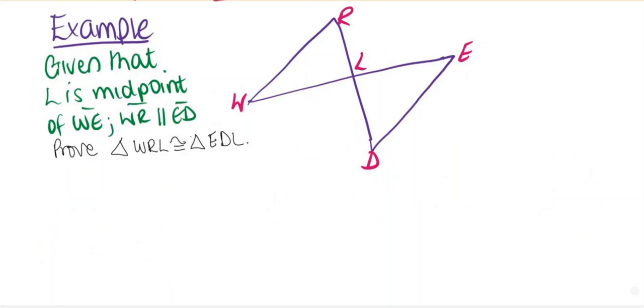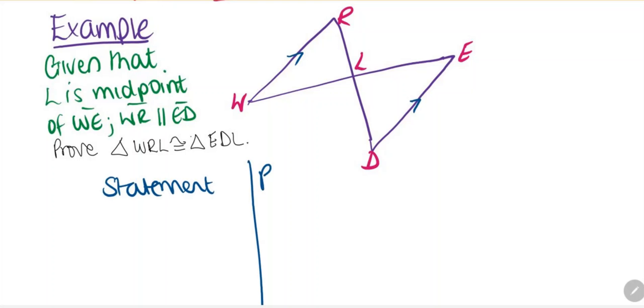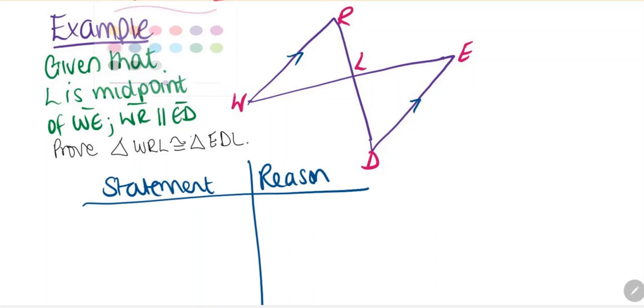So let's have a look at an example. Given that L is the midpoint of WE, our line WR is parallel with ED. So we can draw lines on here because we know they're parallel. So we're going to write the two-column proof. We have to do our statement and we need to do our reason. So we always start with what is given.